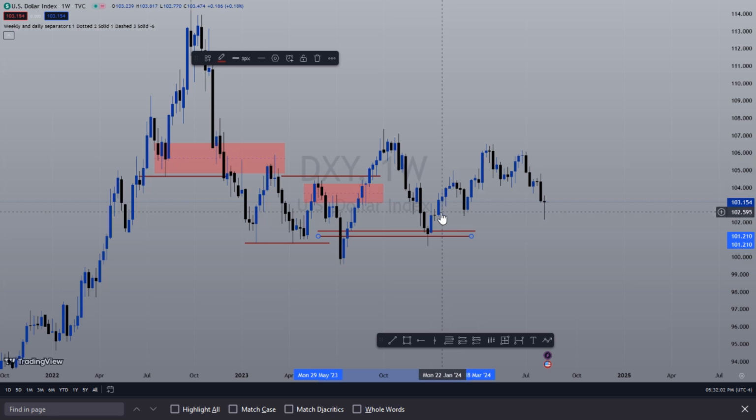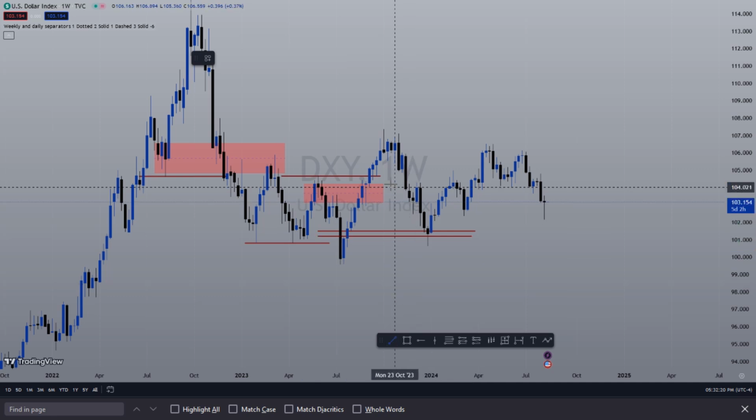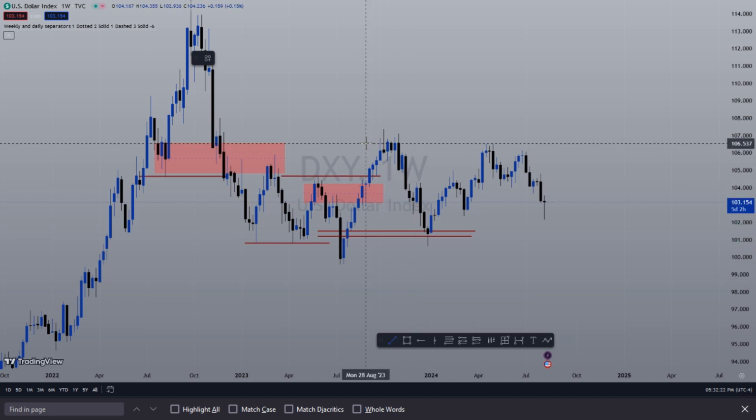Of course, when the market is going up, we're already sure, based on the indication, that these are relative equal highs. You may want to argue that these are not relative equal highs, but I don't want you to look at the candle wick. I want you to look at the candle body. When you look at the candle body, you'll be able to agree with me that these are relative equal highs.